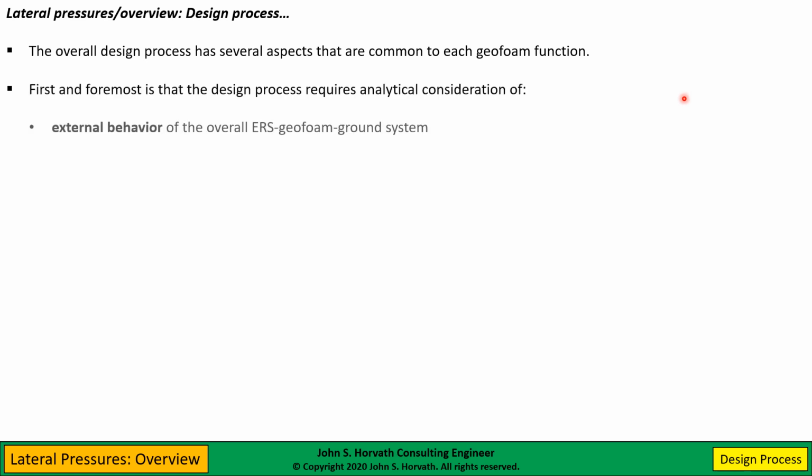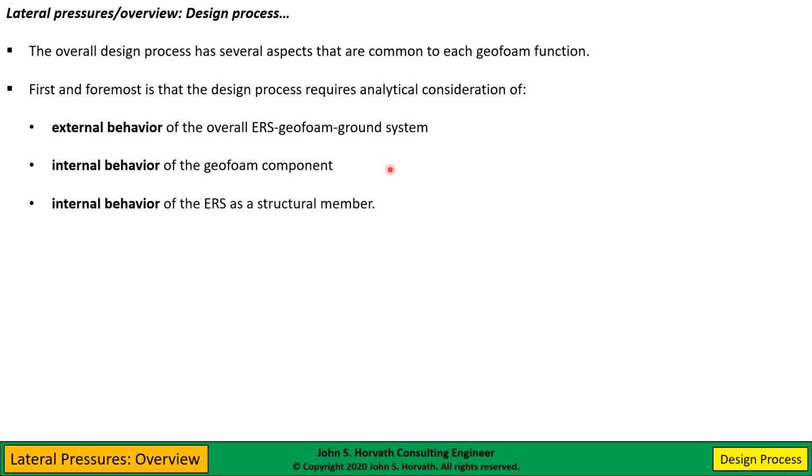First and foremost, you need to consider the external behavior of the overall earth retaining structure, geofoam, ground system. This is what we often refer to as global stability in geosynthetic problems. We need to consider the internal stress-strain, force-displacement behavior of the geofoam component, and the internal behavior of the earth retaining structure as a structural member.